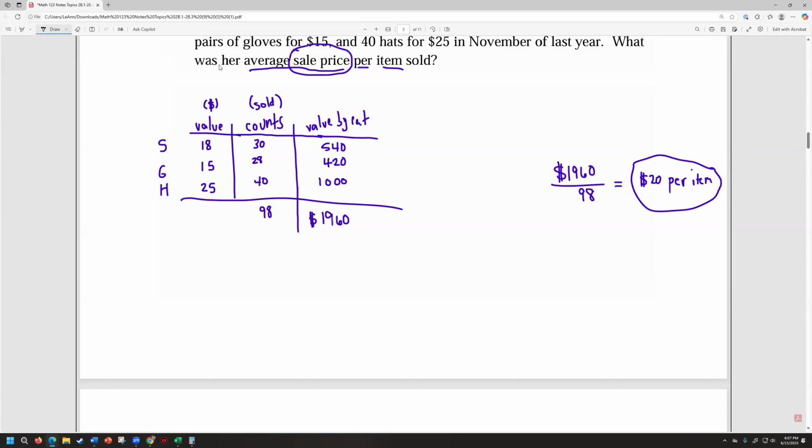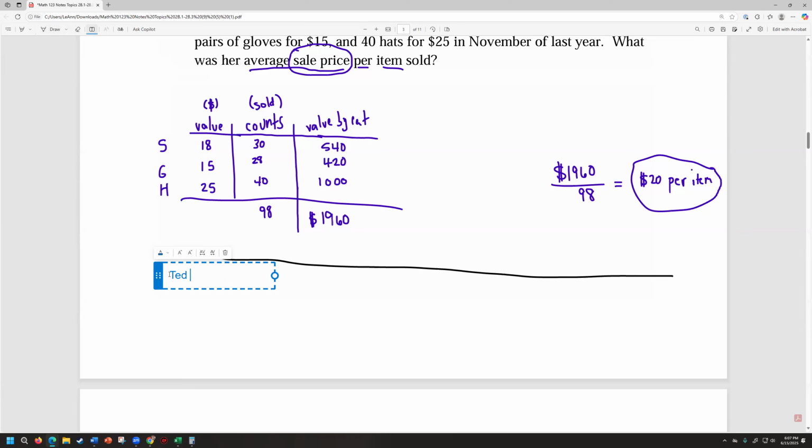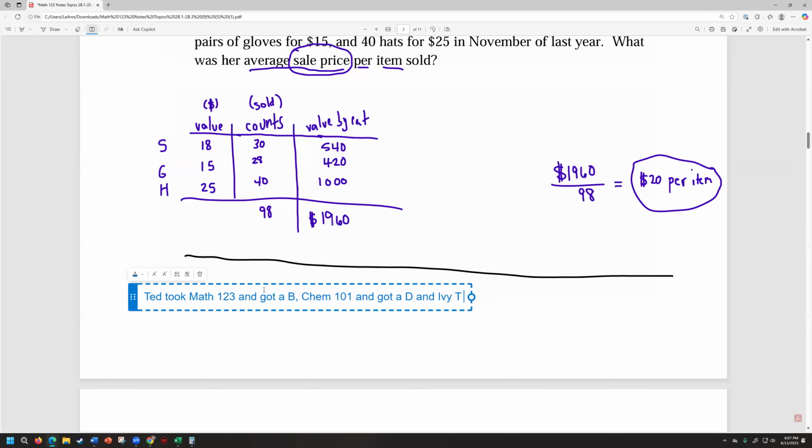But let's say, I'm just going to type in a little information here. Let's say Ted took Math 123 and got a B. Chem 101 or 100, I'm not really sure what number it's labeled, and got a D. And the IVT class, let's say 100.